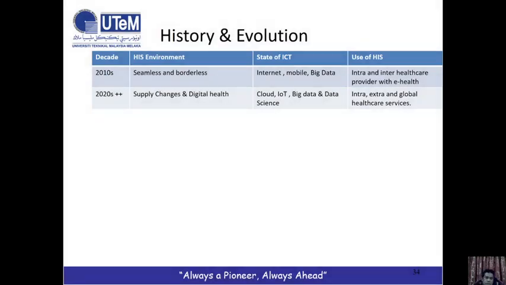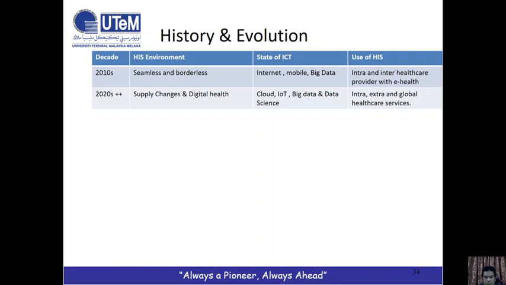So what happened in 2010 and 2020? The HIS became crucial in managing healthcare organizations. In 2010, the hospital information system was expected to become seamless and borderless. Healthcare information system is seamless and borderless, and can be accessed anywhere.